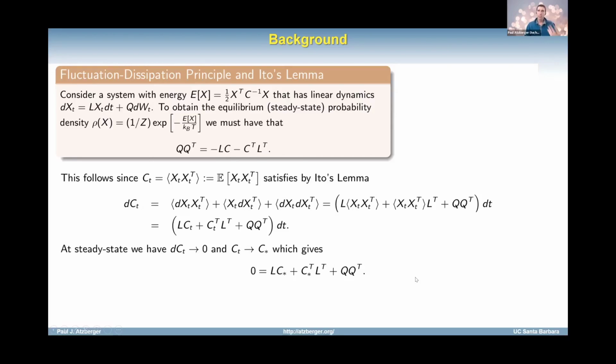Okay, so this is how this relationship arises. Essentially a consequence of Ito's lemma and the fact that once you have a linear stochastic model, there's really only in some sense one way, in a weak sense, to force the system to achieve those equilibrium fluctuations.